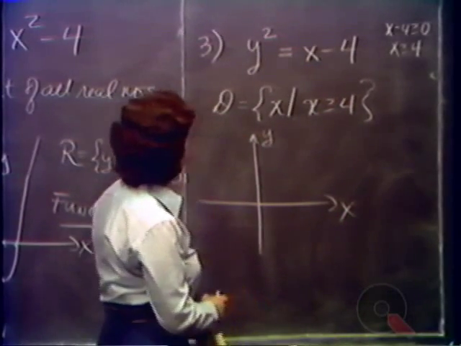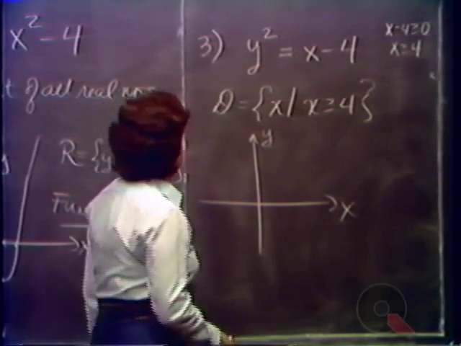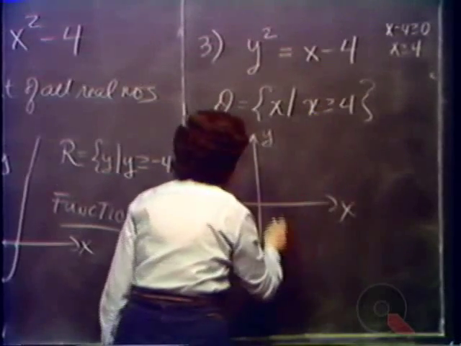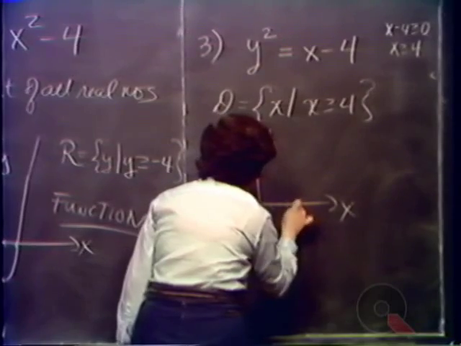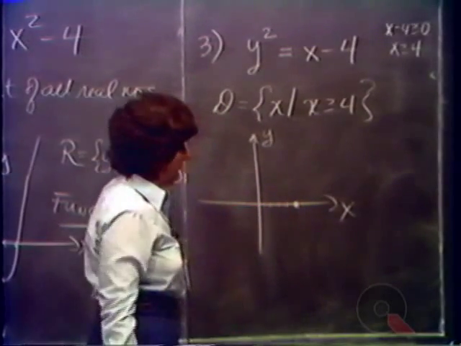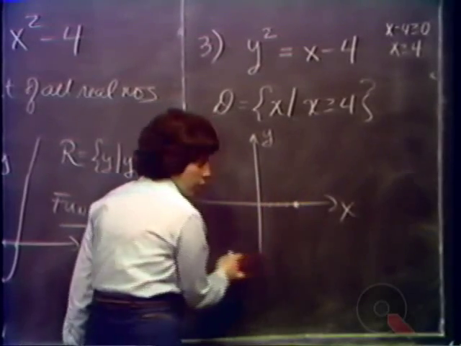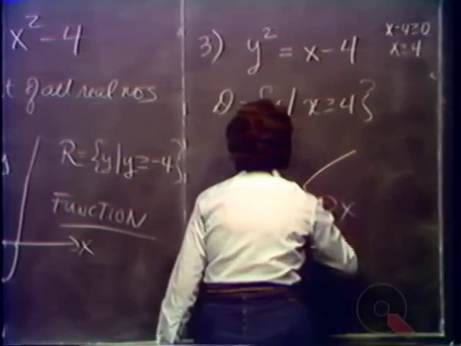This curve, therefore, has no y-intercept. If you let y equal 0, you would get that x equals 4. X equals 4 is the x-intercept. There is no y-intercept. It's a parabola. It can't be opening this way, because then it would have y-intercepts. It must actually be opening the other way.